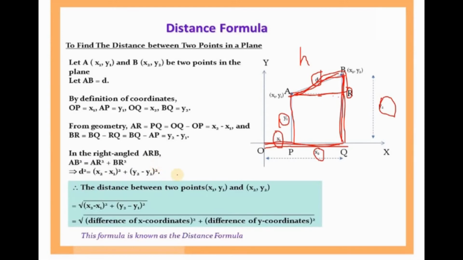So if we transpose this square, it will be converted into root. Therefore, the distance between 2 points (x1, y1) and (x2, y2) is under root (x2 minus x1) whole square plus (y2 minus y1) whole square. So, under root difference of x coordinates whole square plus difference of y coordinates whole square. This is the distance formula.